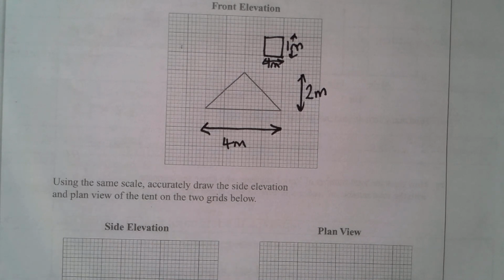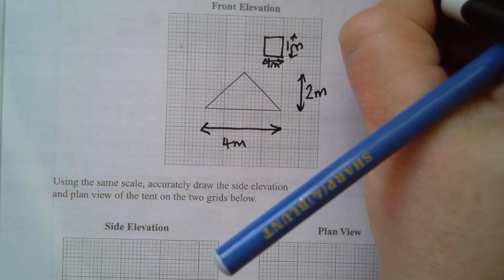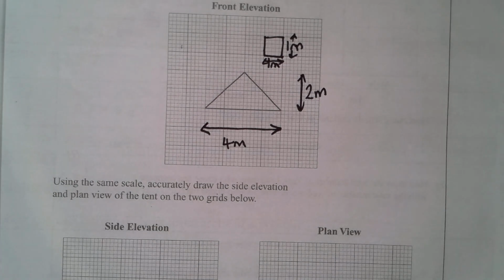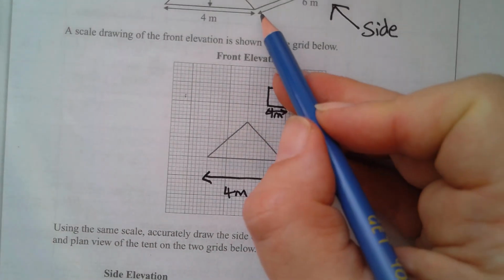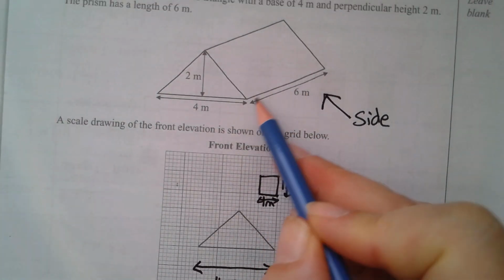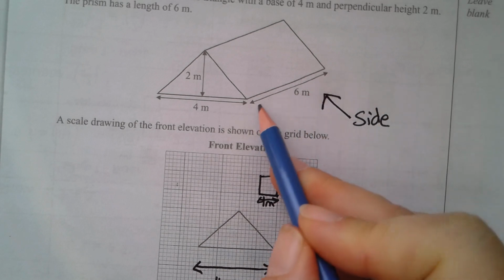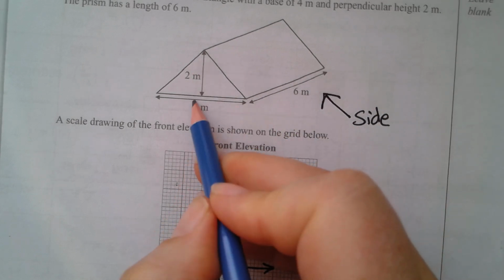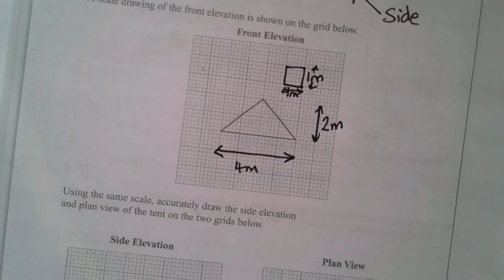So we need to draw this with a pencil and a ruler. We need to draw the side elevation. The side elevation is looking from this direction here. And when we look at this, what we're looking at is actually a rectangle. Rectangle that's 9 across the bottom and it's 2 up the base. Sorry, not 9, 6. 6 here and 2. 6 and 2 high.